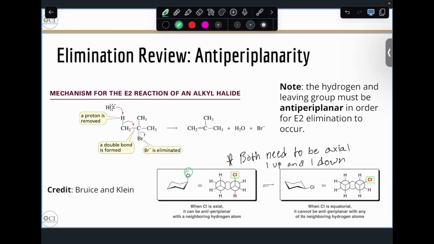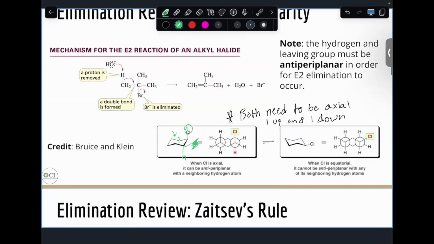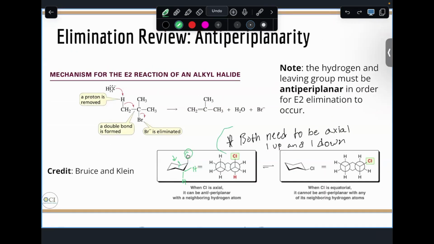So here, there, the hydrogen is down and axial. So you could use that one. There, you also have that. So it could go either way. But you can't use this one because that's equatorial. Does that make sense? Both need to be axial and one needs to be up, one down.